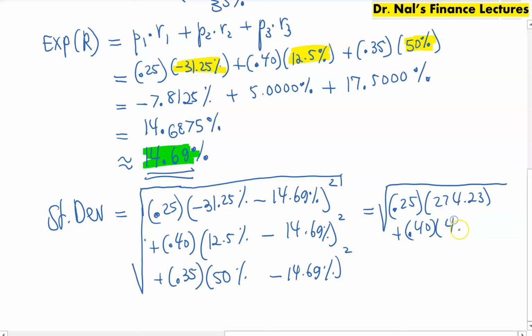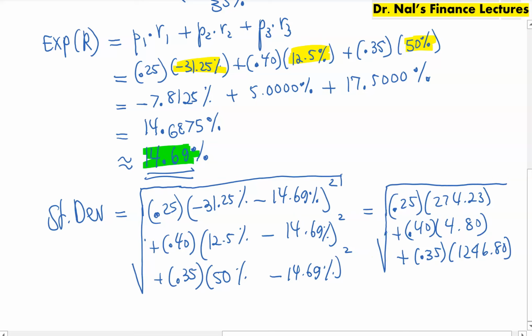I think I will round it to 4.80. And the last one, 0.35 times, all right, 50 minus 14.69, and then squaring it, 1246.80. All right, so everything is inside the same square root sign.